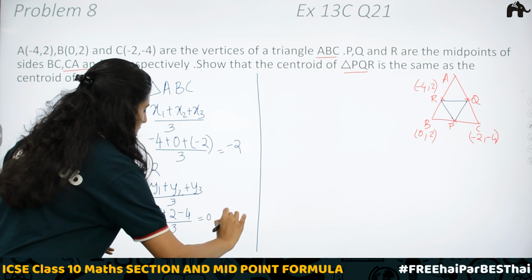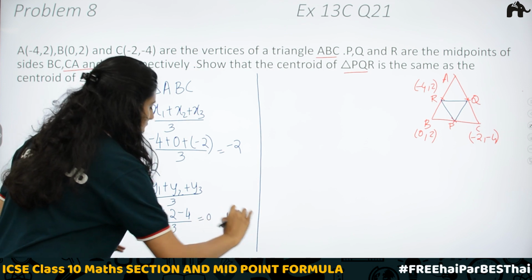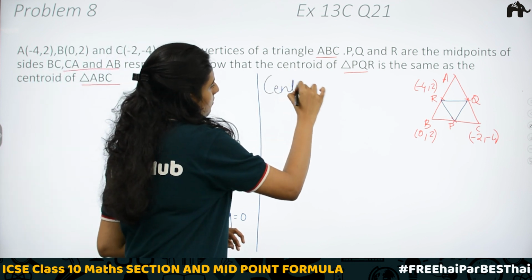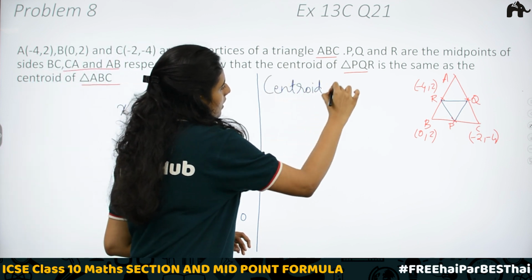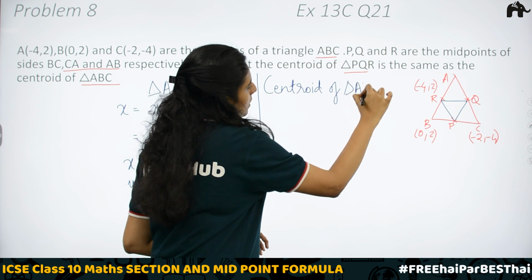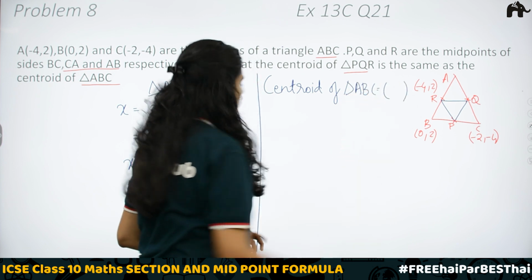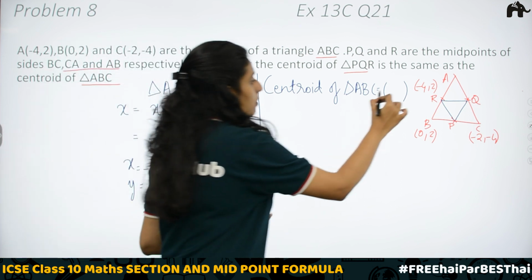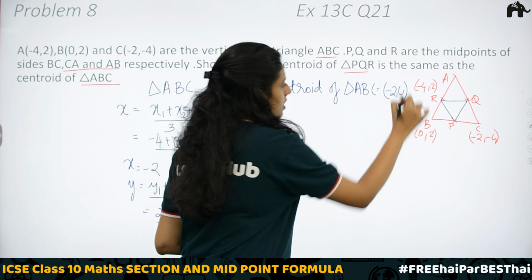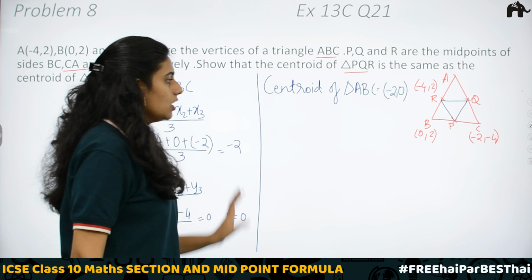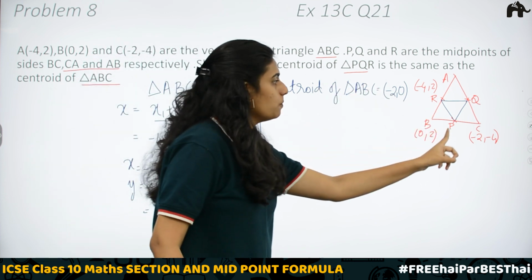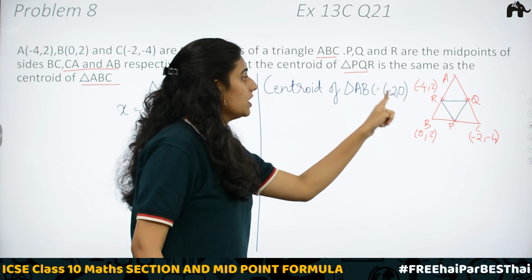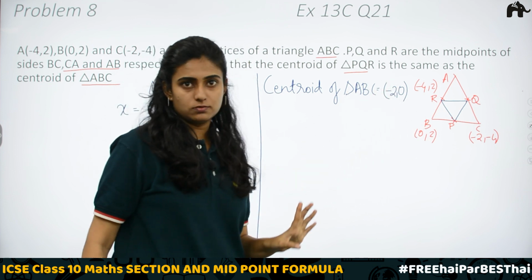Therefore, y is equal to 0. So the centroid of triangle ABC is (-2, 0). Now we need to find the centroid of PQR, and we should get the centroid of PQR equal to (-2, 0).